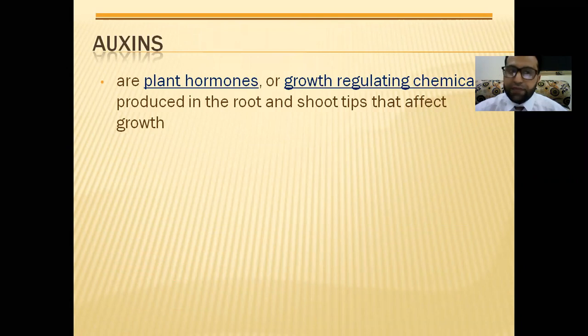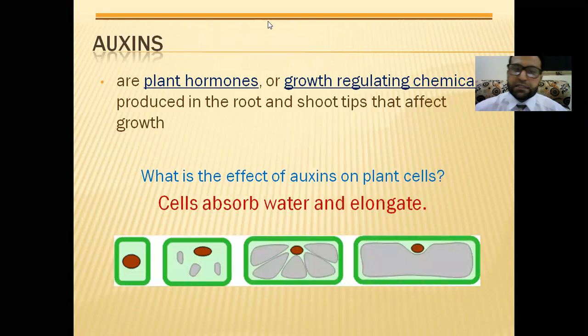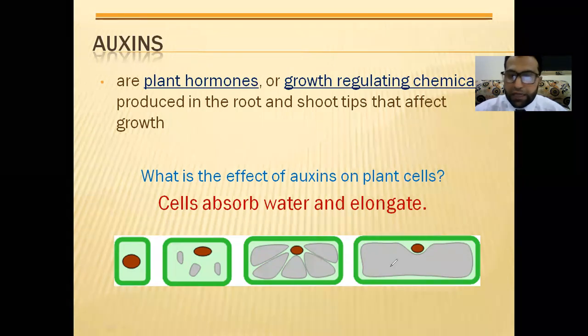that affects growth. Now, what is the effect of auxin on plant cells? Auxin increases the permeability of the cell toward water, and the cell will absorb more water. That will lead to elongation of the cell.